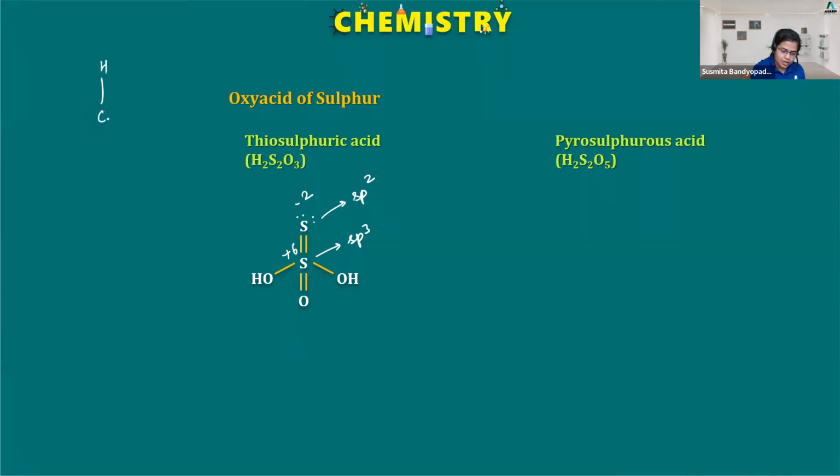For the less electronegative atom, like hydrogen is slightly less electronegative than carbon, for each bond we put +1 for the less electronegative and -1 for the more electronegative element. And hence, the average oxidation number should be +6 and -2 by 2.